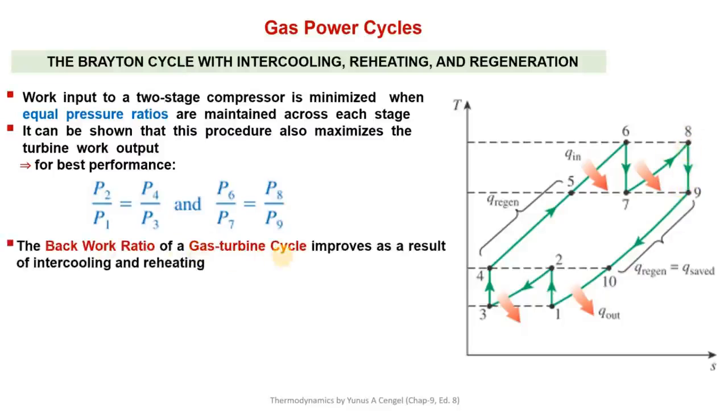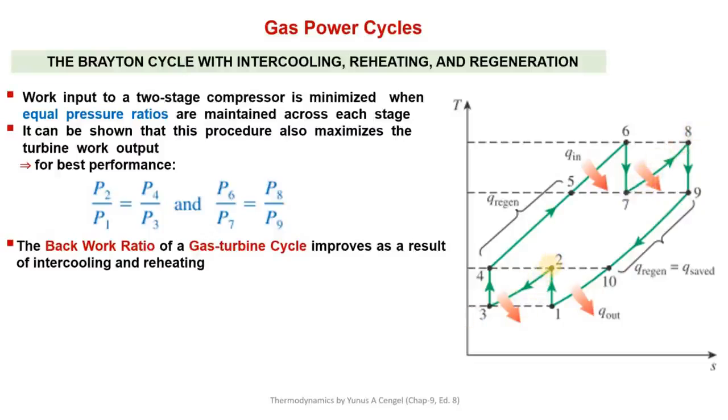So the back work ratio of this gas turbine cycle improves as a result of intercooling and reheating. 2 to 3 is intercooling and 7 to 8 represents the reheating process, because during reheating volume increases and work output increases.